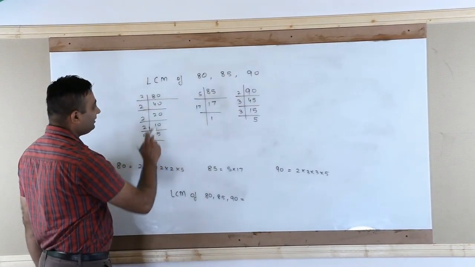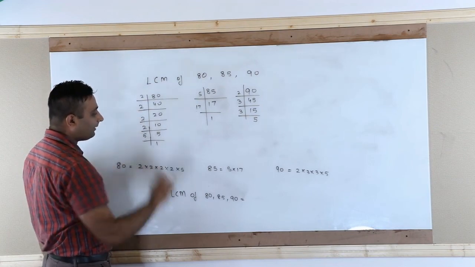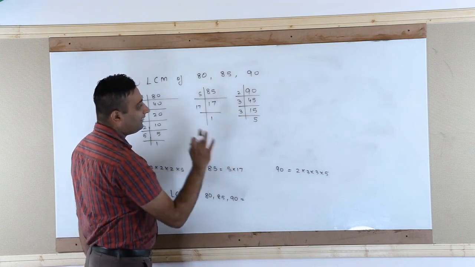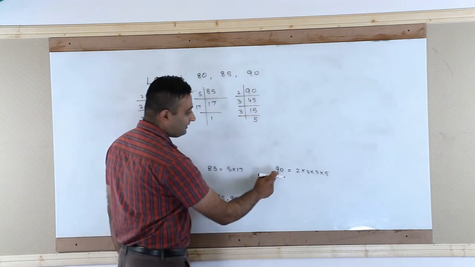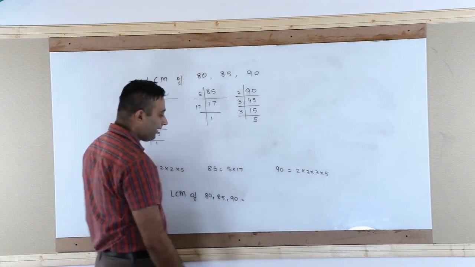The prime factorization of 80 is 2 multiplied by 2 multiplied by 2 multiplied by 2 and multiplied by 5. The prime factorization of 85 is 5 multiplied by 17. And the prime factorization of 90 is 2 multiplied by 3 multiplied by 3 and multiplied by 5.